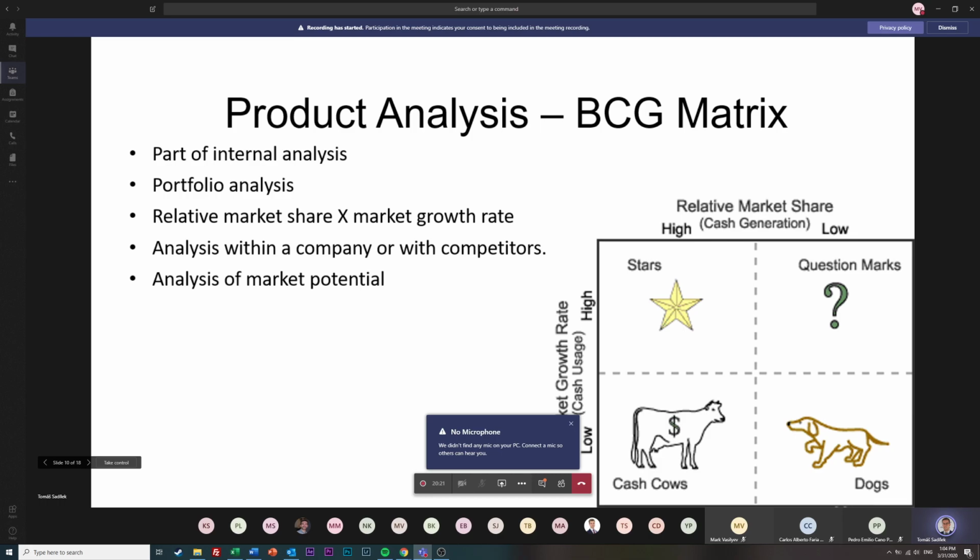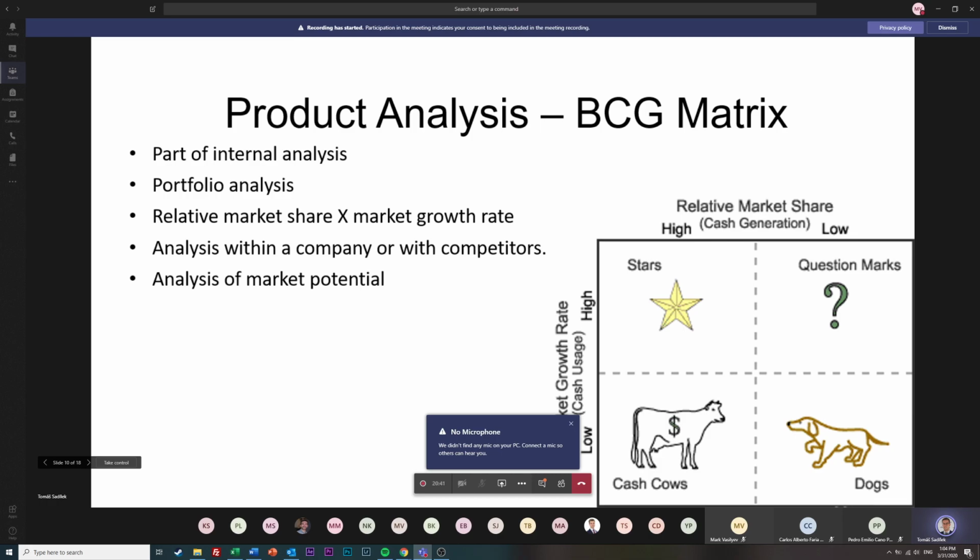It's typical that the question marks are products or companies in the beginning, because a product would be a question mark for 10 years only in a situation where the rest of the products, stars, cash cows, and dogs, would be stagnating for 10 years.